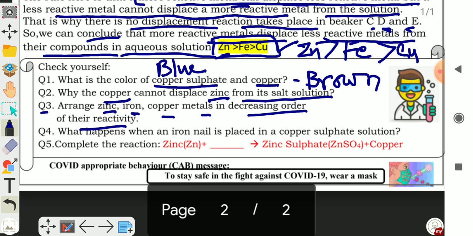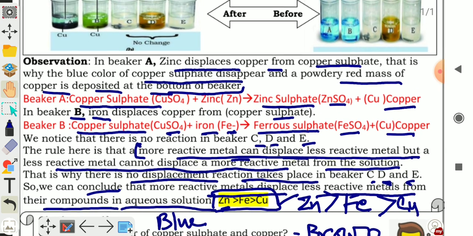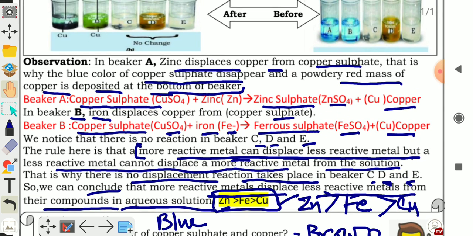Question number 4. What happens when iron nail is placed in copper sulfate solution? When iron nail is placed in copper sulfate solution, iron is more reactive than copper, so iron displaces copper from copper sulfate solution and forms ferrous sulfate or iron sulfate.